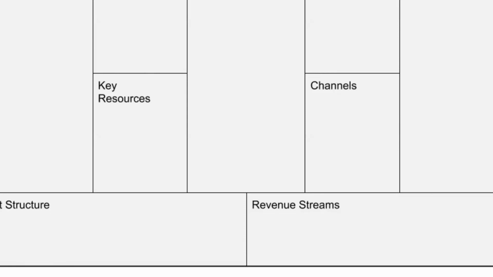Your key partners, as we talked about today, are very closely related to your key activities and key resources. Your customer relations, how you execute those relations, are very closely tied to your customer segments, the groups of people you're actually selling to. And then off to the bottom, your revenue streams and your cost structure are likely to be closely related.